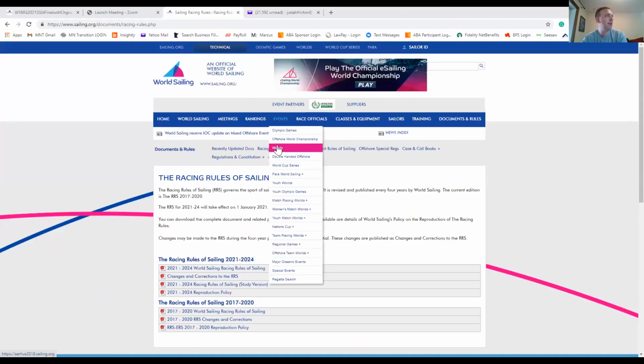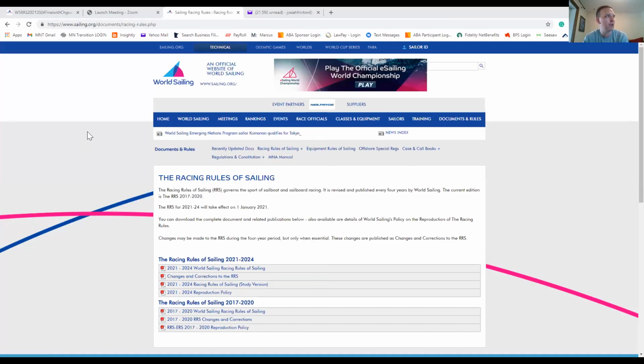If you go online to this website, sailing.org, the International Sailing Organization, they have copies of the rules for you to download and read and print off and use as you want. So don't feel like you need to spend money on the rules.